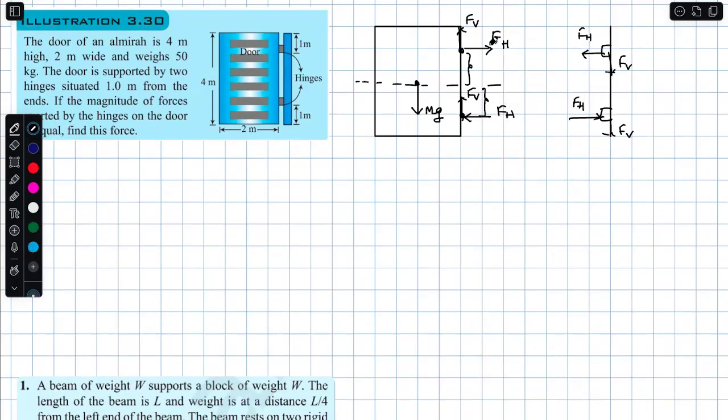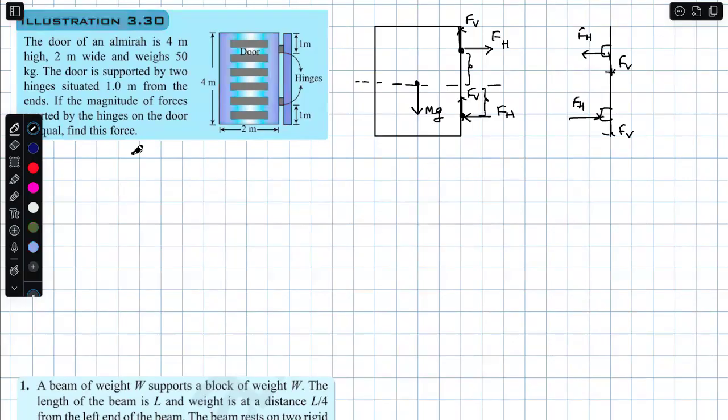For example, FH is clockwise, FH is also clockwise. In that case, FV and FV must provide anti-clockwise torques. They must be the same. That is the reason why I am telling you that they are the same in magnitude.